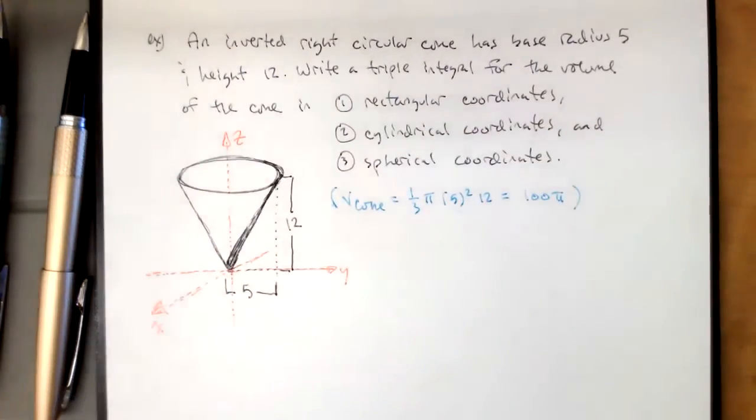So that's my recommendation, that you set your coordinates up. Oh, I asked for coordinates. You have to put coordinates. So now I'm just going to direct you. Put the tip of the cone at the origin and write a triple integral for the volume of the cone in rectangular coordinates, cylindrical coordinates, and spherical coordinates.